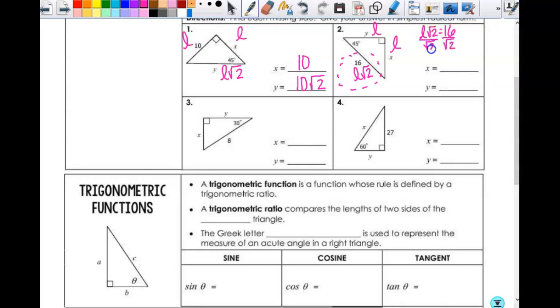That gives 16 over the square root of 2. Then we have to rationalize: multiply by square root of 2 over square root of 2. That gives 16 square root of 2 over 2, which is 8 square root of 2. That's what L is, and since both of these are L, this is 8 square root of 2 and 8 square root of 2. So sometimes there's a little bit of work, but not always.